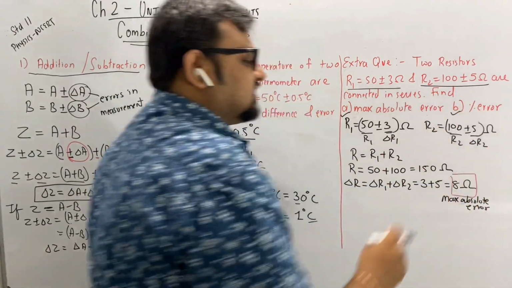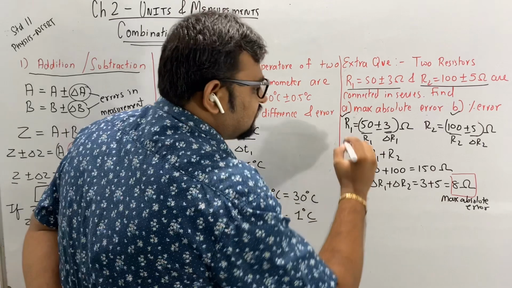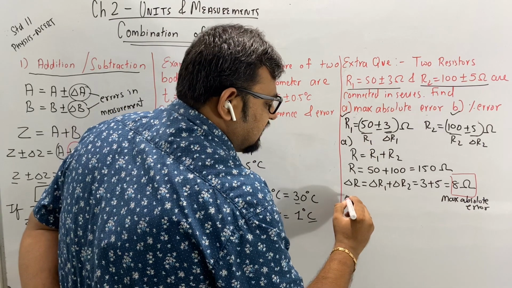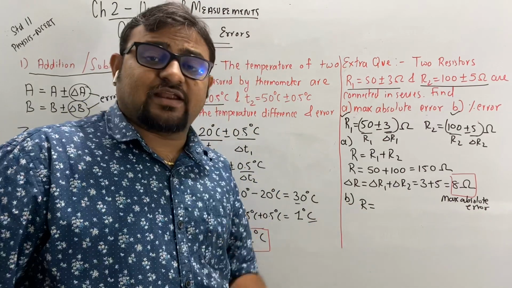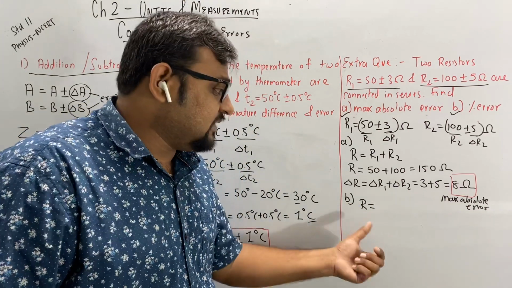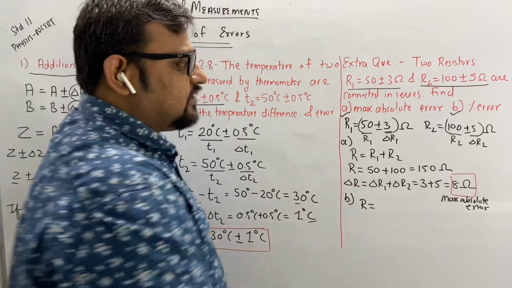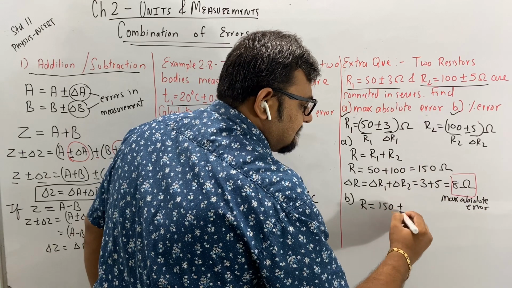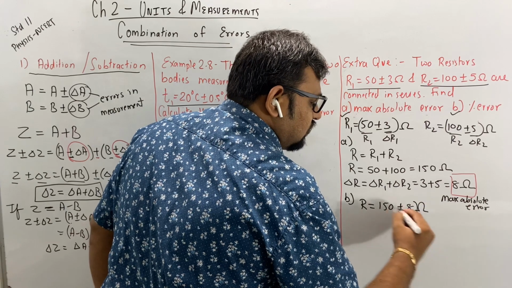Now, percentage error. Okay, so for that, let me write it down. This was about A. Now, B. I have to write down the measurement of equivalent resistance in terms of absolute error. Then this will be 150 plus minus 8 ohm.